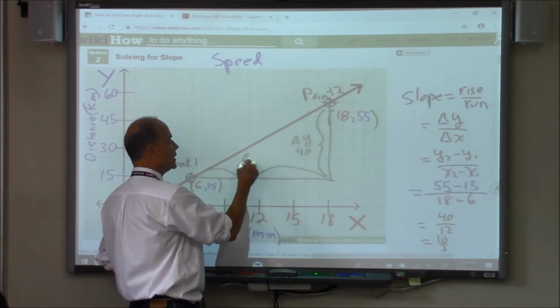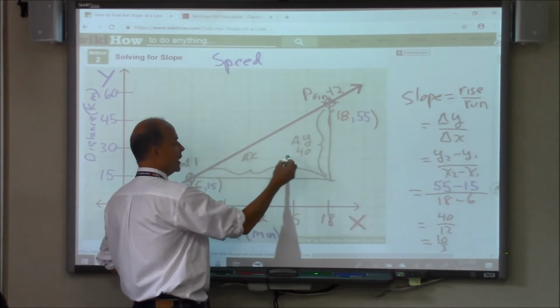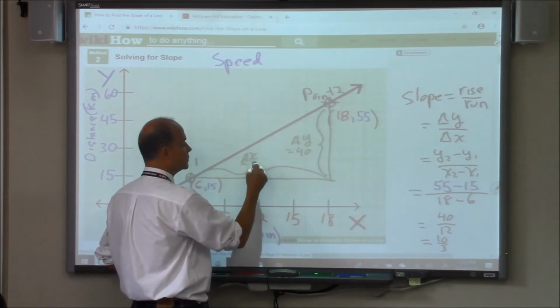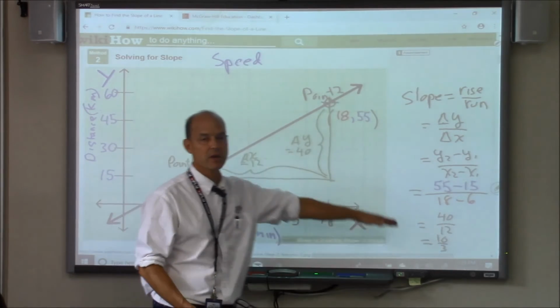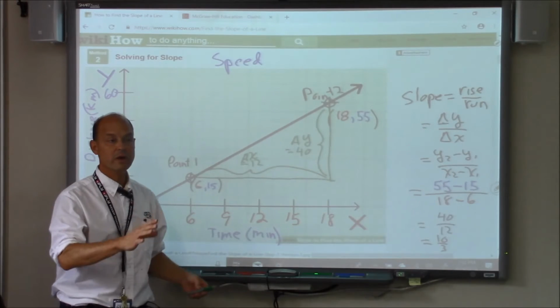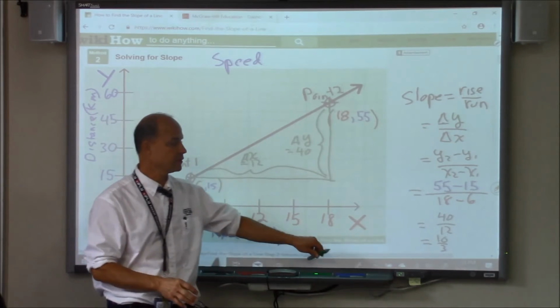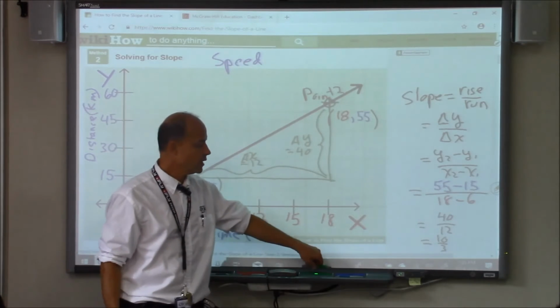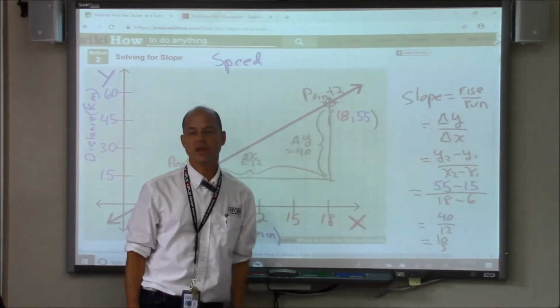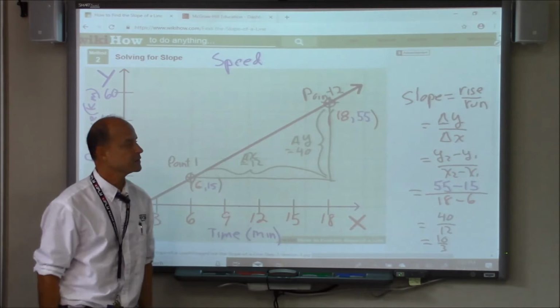Okay, this is your delta x, and it is equal to 12. And then you just simplify the equation. So the slope of this was, all right, this is a little more rigorous approach. I like that word. Rigorous means you have to think and you have to use computational thinking, which is called mathematics.